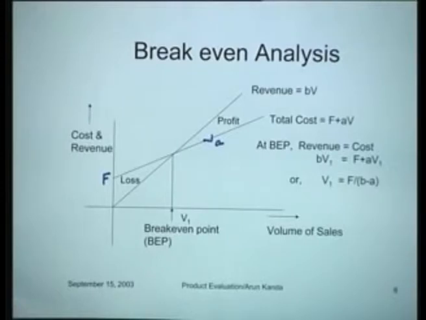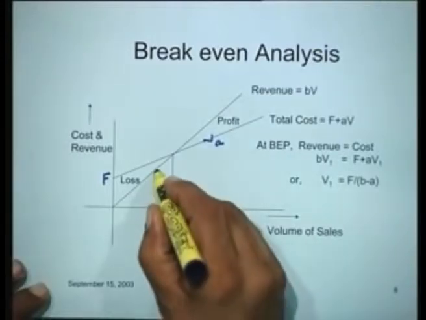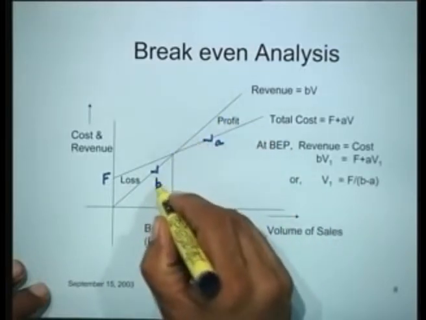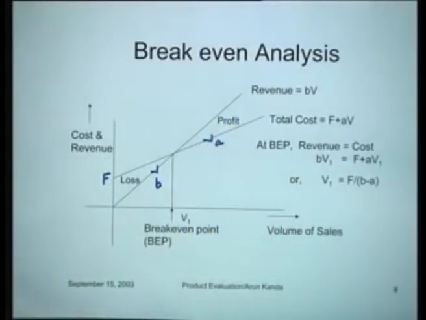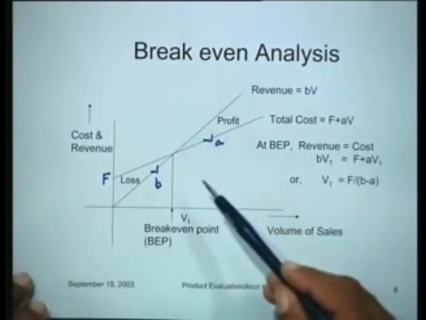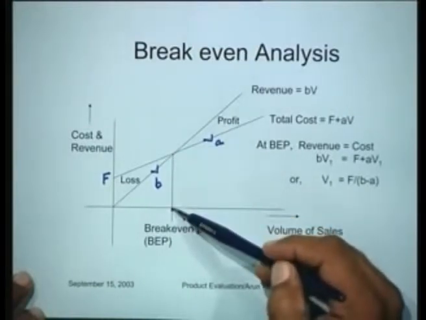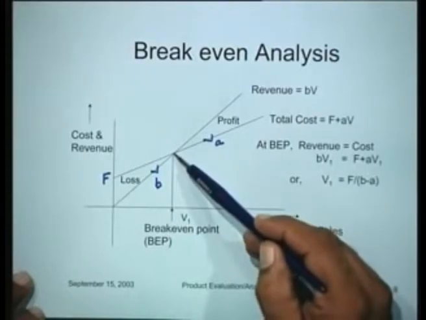So in this situation, the slope of this line is B, which is the unit selling price. Now from this diagram you can easily see that at the point of intersection of the total cost and the revenue, the point V1, the total cost is equal to the total revenue, so there is no profit or no loss.